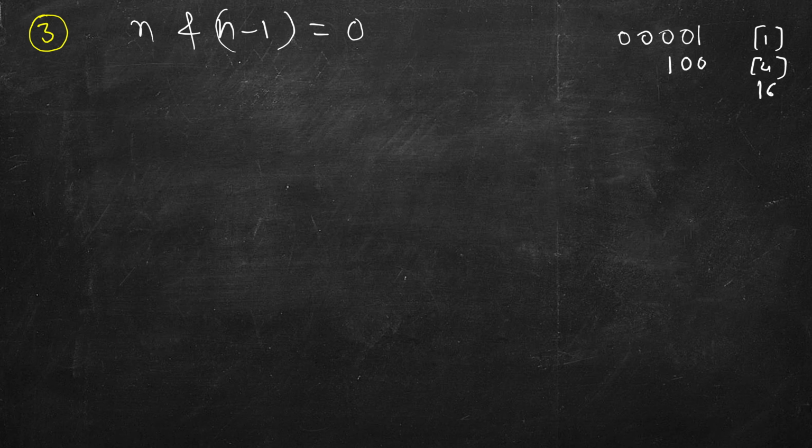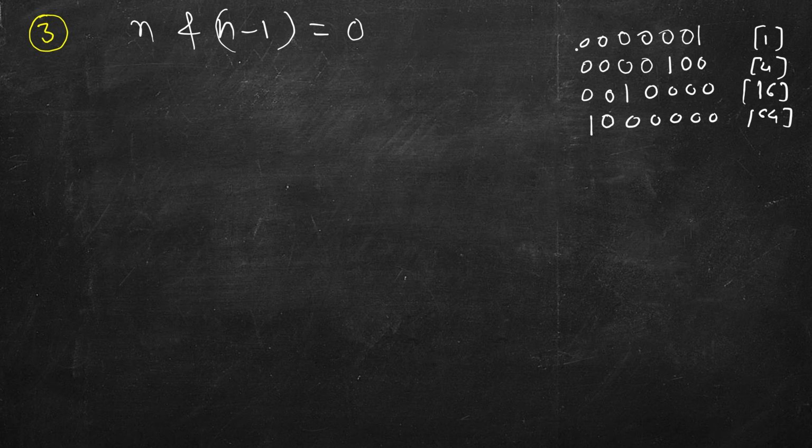Next we have 16. Then 64. So this will be 8. This will be 16. Then 64 will be 0, 1.